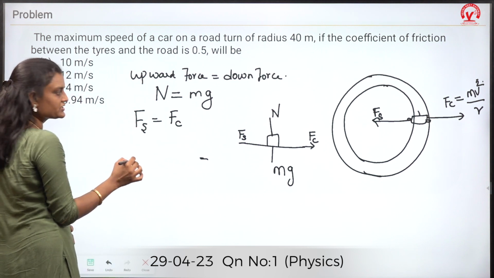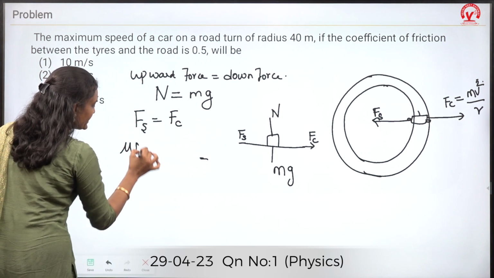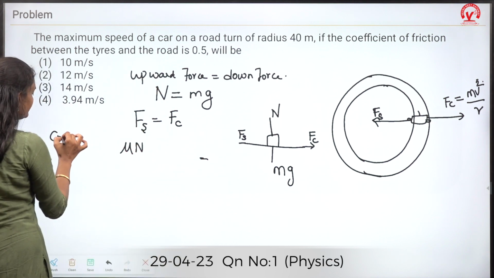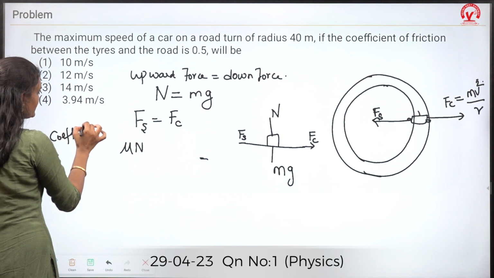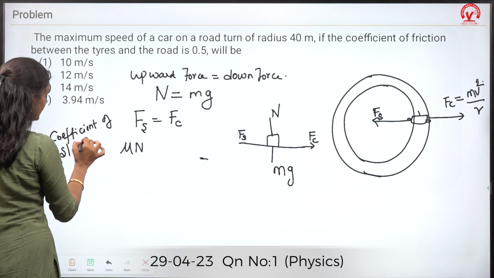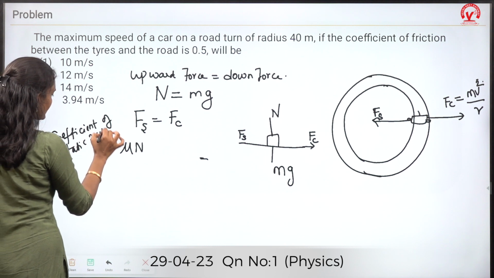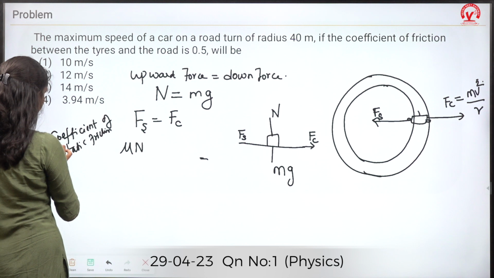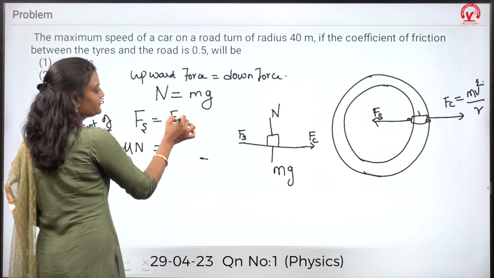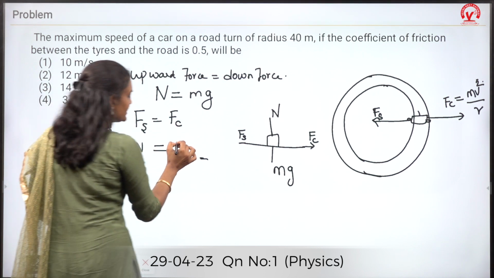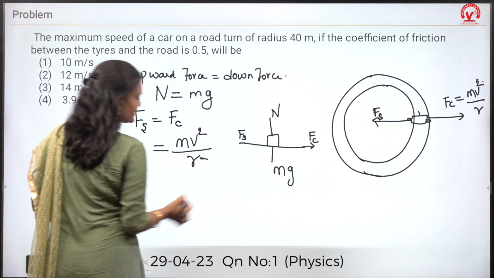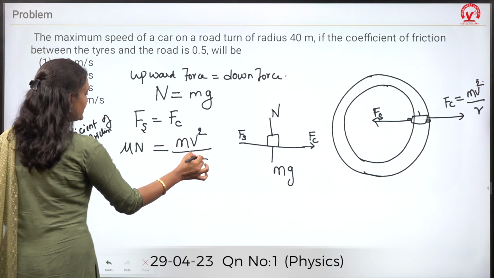We write the frictional force as mu into N, where N is the normal reaction and mu is the coefficient of static friction. It is equal to the centripetal force, whose formula is mv square divided by r.